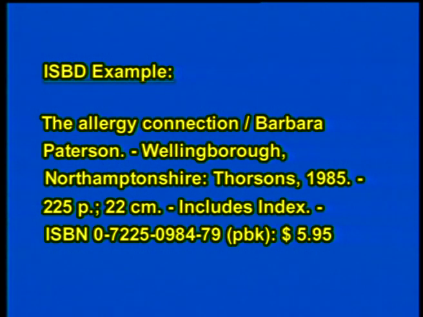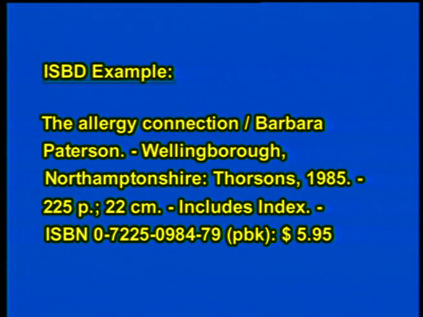Again you have another punctuation mark, which is a hyphen, followed by the place of publication Wellingborough, followed by the place where it is located Northamptonshire, and then the publisher Thorsons, followed by the year of publication. You can see that each of these has a specific punctuation.